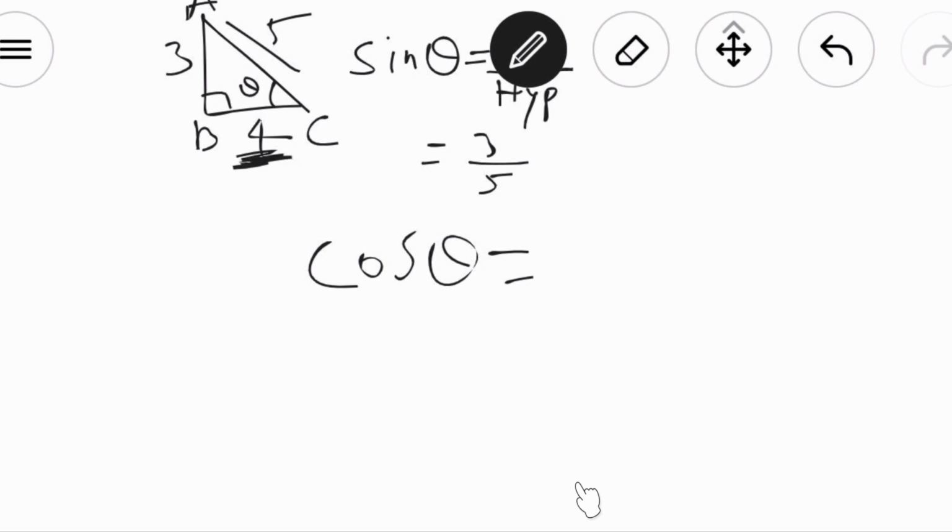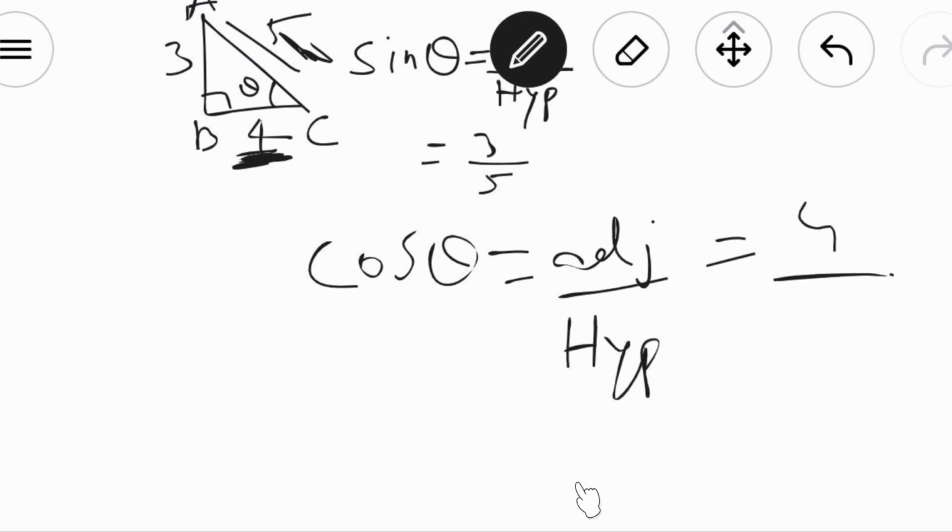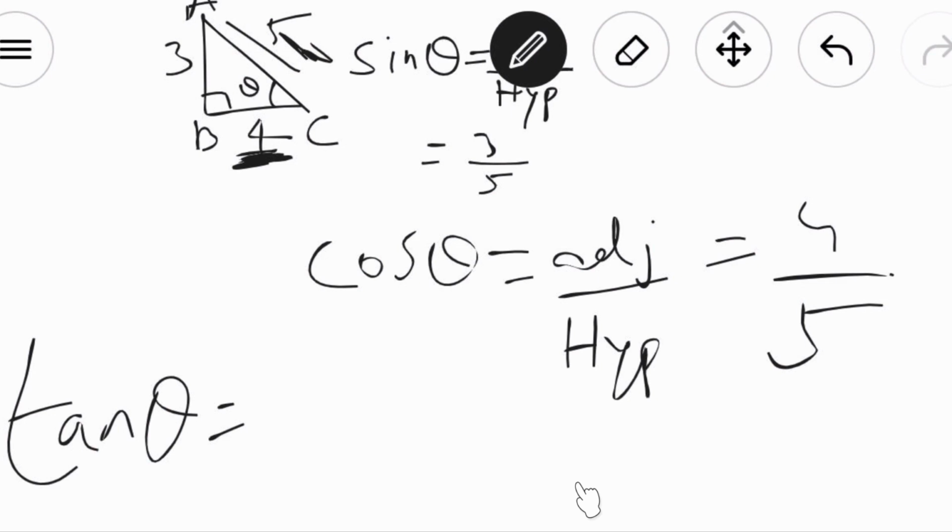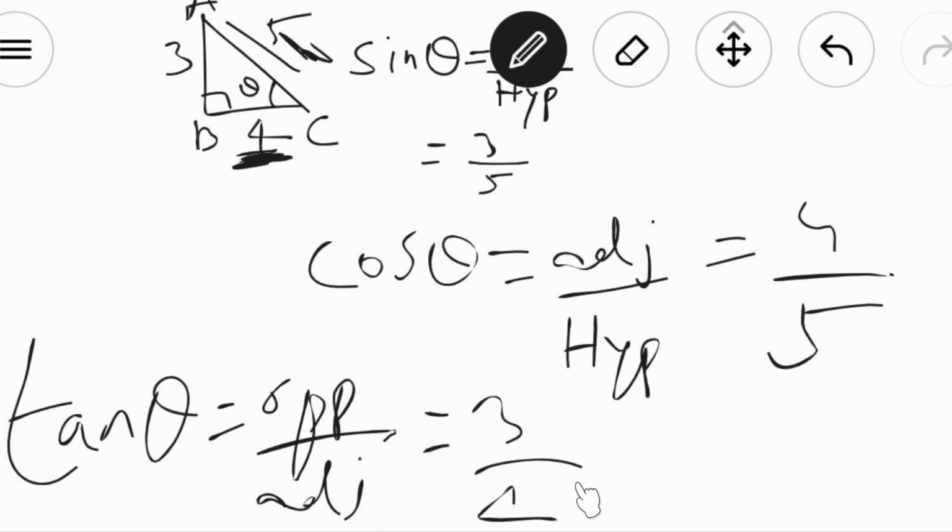We have 4 as the adjacent, and this is the hypotenuse, and that is nothing but 4 over 5. Next one, tangent theta, which is opposite over adjacent, and that is nothing but 3/4.